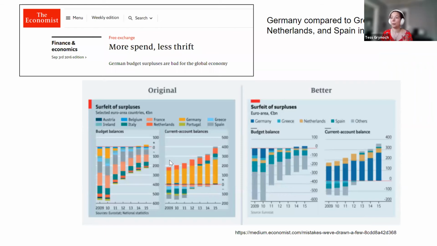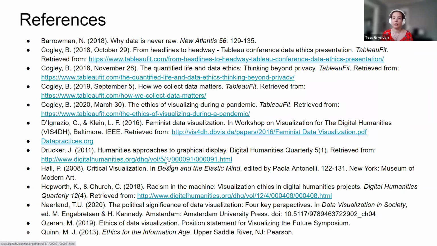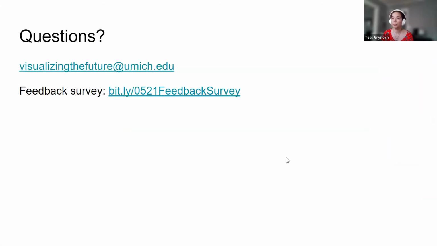And then also looking at surpluses in the EU. And then these are just all the references for everything that we have in the module.